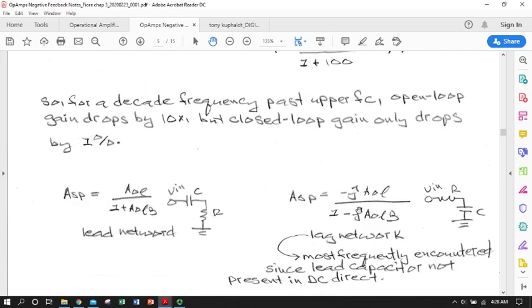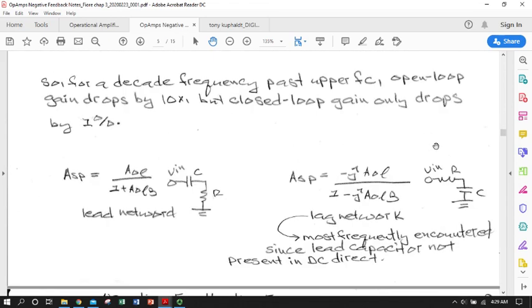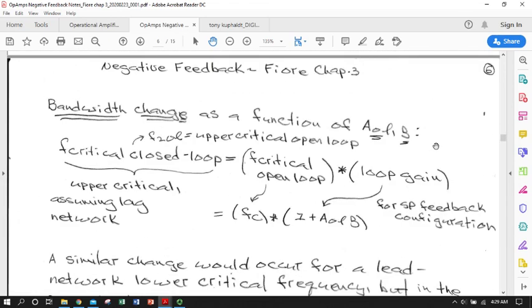So the same term that we saw back here in the denominator relating open loop gain to closed loop gain when gain is expressed as a voltage ratio, if we're looking at that same effect on bandwidth, and how far out to what higher frequency we're going to move our half power upper critical, we get the same expression.